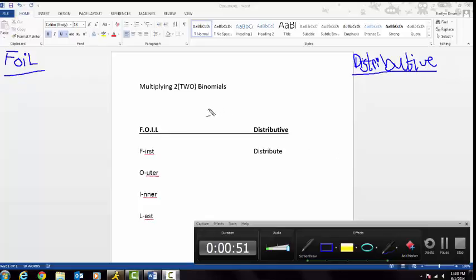Okay, so our first example, example 1, is going to be x plus 3 and x plus 2, okay?